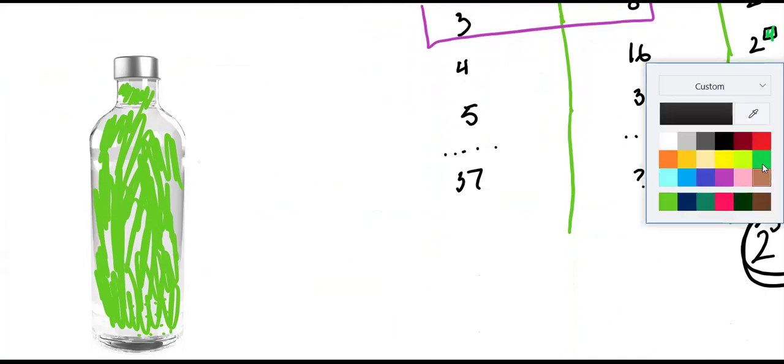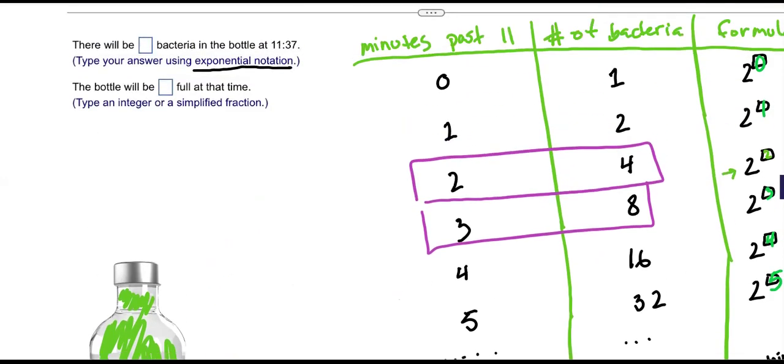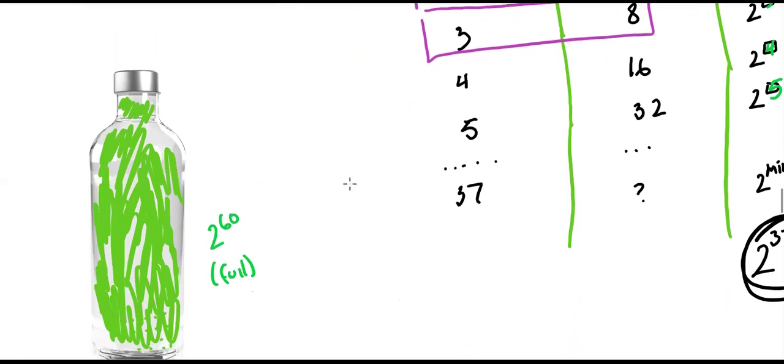At noon, which is 60 minutes past 11, is when it's full. So I know it's not full, obviously, because I'm only 37 minutes past, not 60. So if they want us to type an integer or simplified fraction, a fraction would work for us.